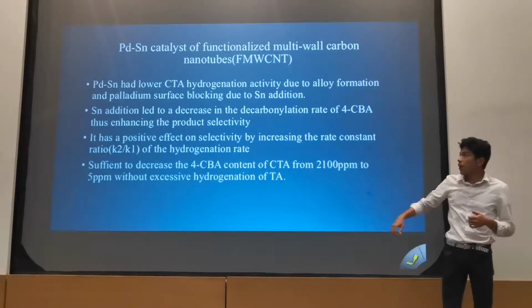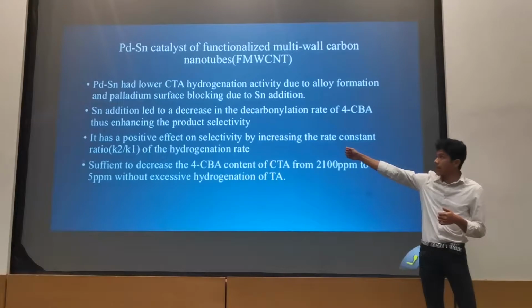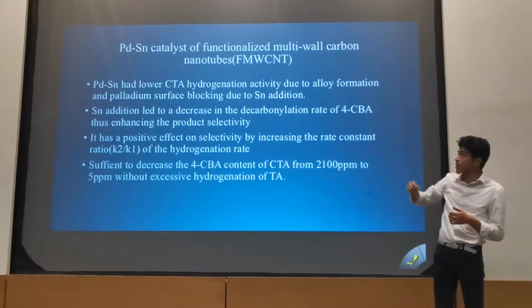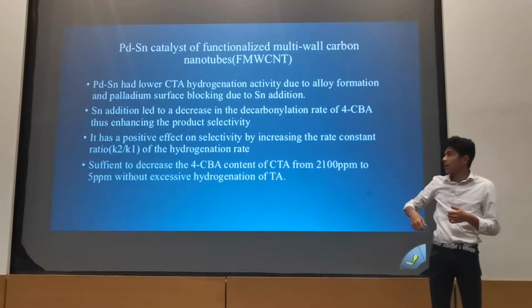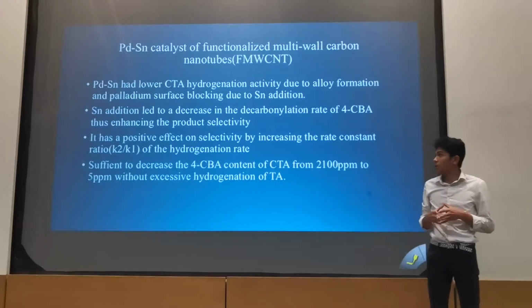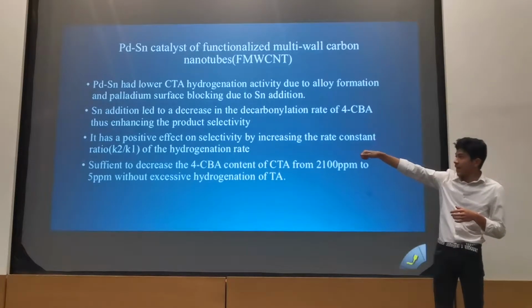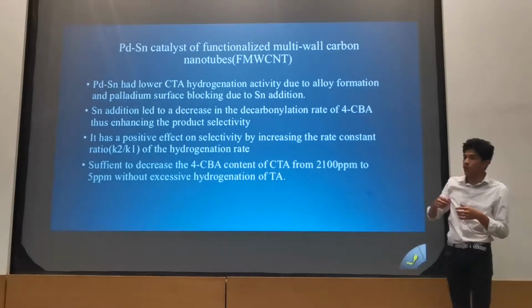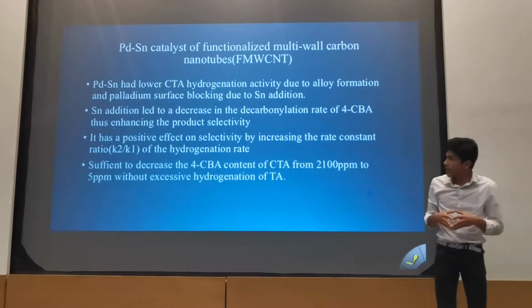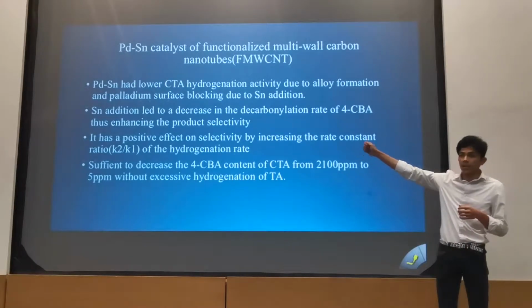Next, for the catalyst, we have chosen the palladium-tin catalyst on functionalized multi-wall carbon nanotubes. So, why did we choose this catalyst? Because it has lower CTA hydrogenation activity due to alloy formation and palladium surface blocking due to tin addition.